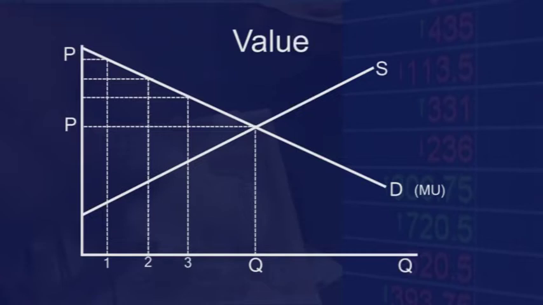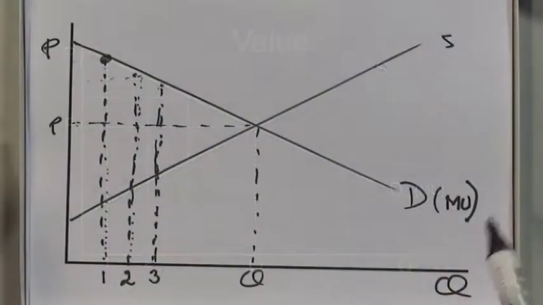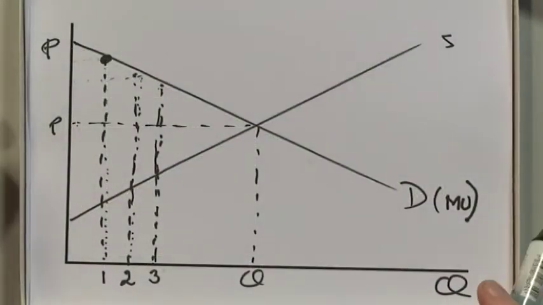The third unit gets that much utility, so that the area that I've shaded represents the total utility, the sum of all the marginal utilities. But what determines the position of the demand curve is not the total utility, but the marginal utility that consumers get.